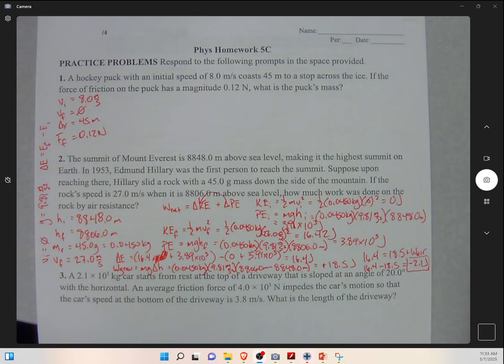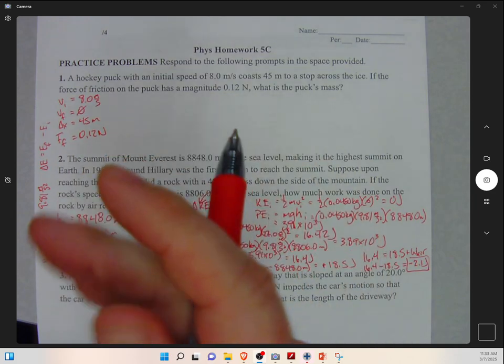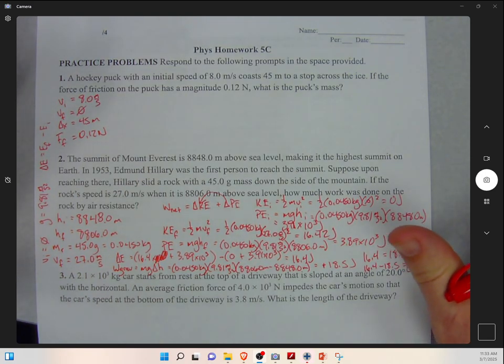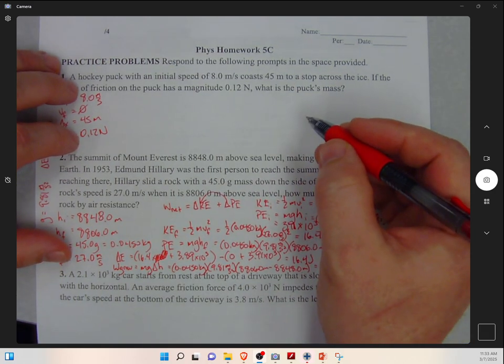That's happening prior to this question. Right now, we're in the middle of the story, and the puck is just slowing down due to friction, so that's the only force actually operating on the puck. So we can use the kinematic equation.